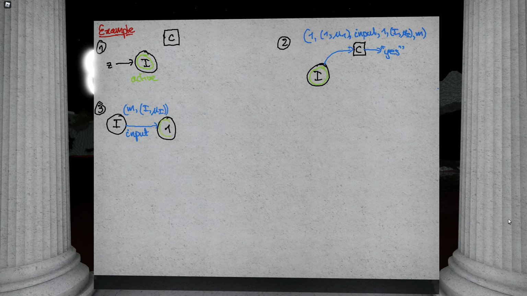And now machine number 1 is active. Next, machine number 1 does some processing, and let's say that it wants to return some data to the initial machine.